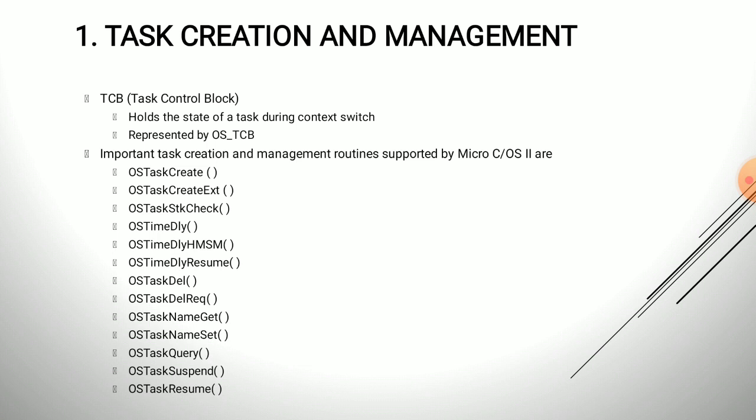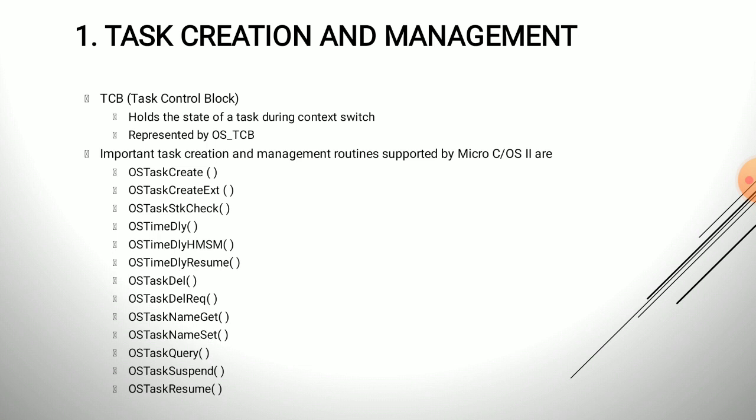Then next function is OS time delay resume function. This function resumes a task which is delayed by a call to either OS time DLY or OS time DLY HMSM function. So it resumes a task which is delayed by the previous two functions, that is OS time delay function and OS time delay HMSM function.